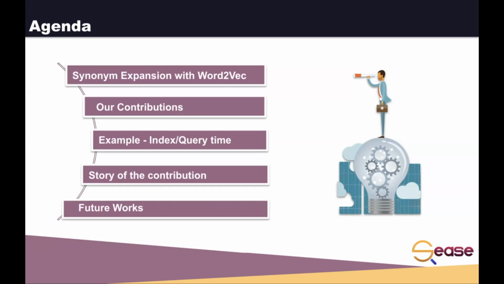We will see some examples, and we will tell you the story of the contribution, because we took about 1.5 years to get it done, and we want to see what happened, why it happened, and what we learned from that. And finally, we will see some future work we are planning to do.